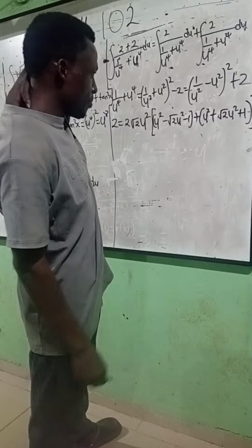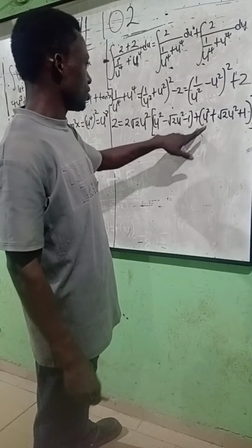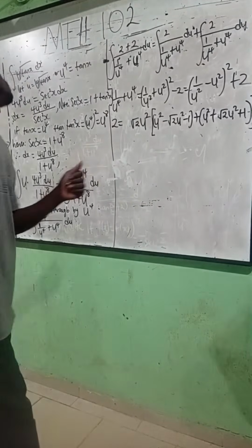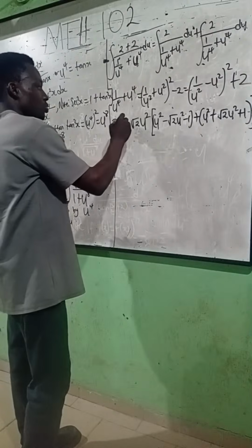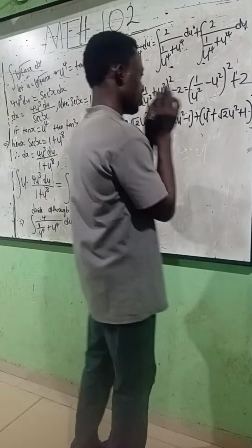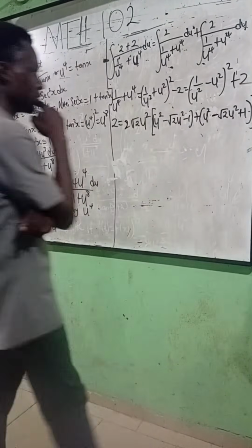You have the minus here to cancel the minus root 2u square. Okay, 2 root 2u square. Root 2 square plus root 2u square. 2 root 2u square.